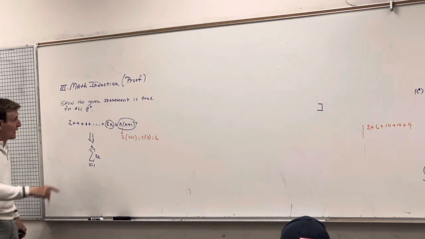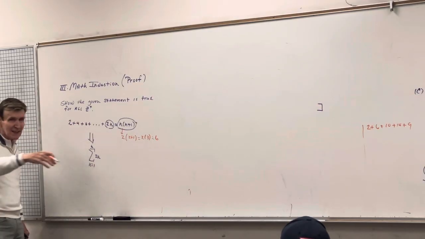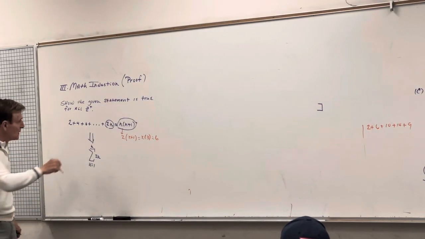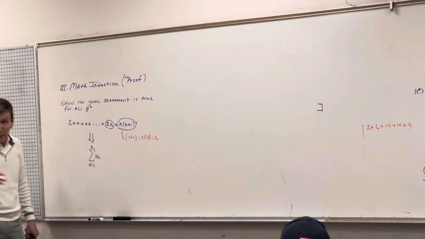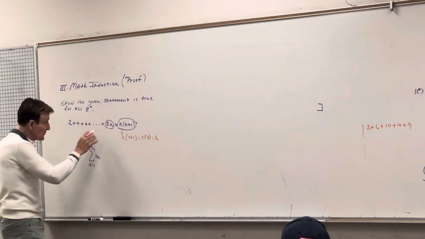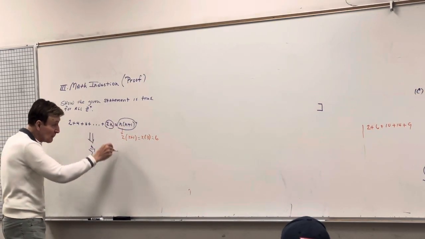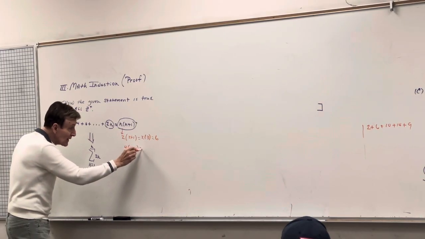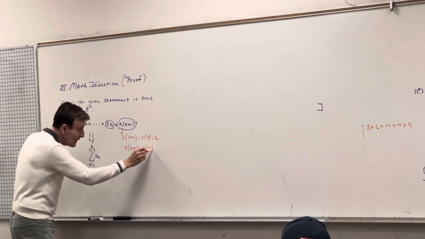Let me add up the first 4: 2, 4, 6, 8. 6, 12, 20. The first 4 add up to 20. When I put a 4 there, 4 times 5 is 20.